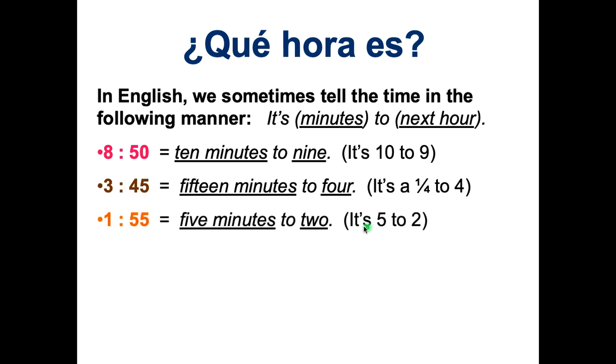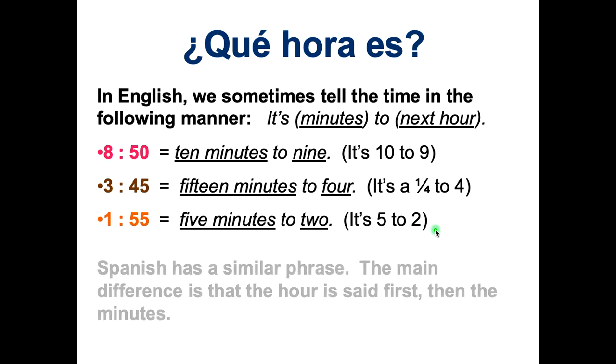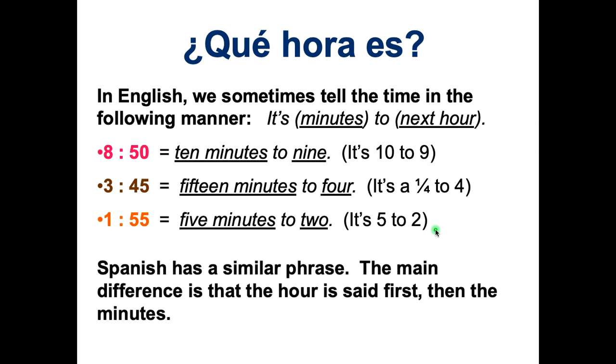The main difference in Spanish is that we say the hour first and then we say the minutes. But here's another example. So when it's 1:55, someone might say, oh, it's 5 minutes to 2 or it's 5 to 2. Okay, so you need to also learn this way of telling time because a Spanish speaker might tell you the time this way and you need to understand what they're saying. Okay, so here is what we do.